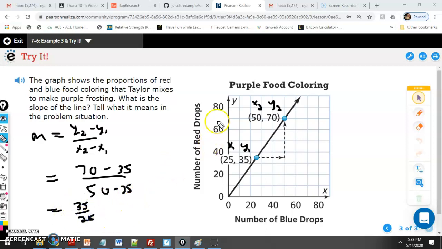And so you can reduce that, divide both by 5, so you have 7 over 25 divided by 5, which is 5. So you would have 7 over 5. Look at the units: 7 red drops for every 5 blue drops. That describes what this means for the situation.